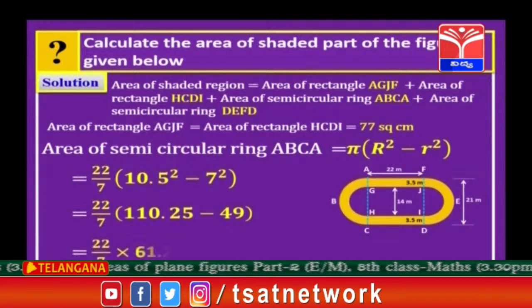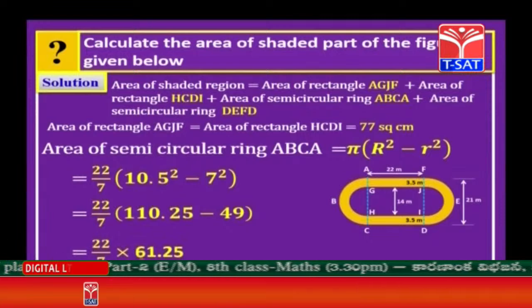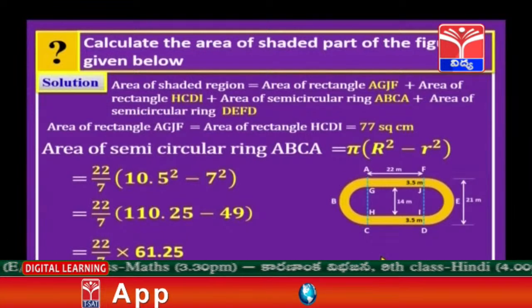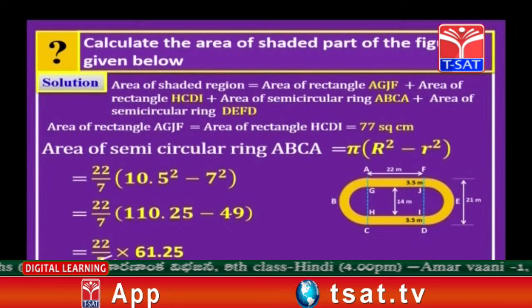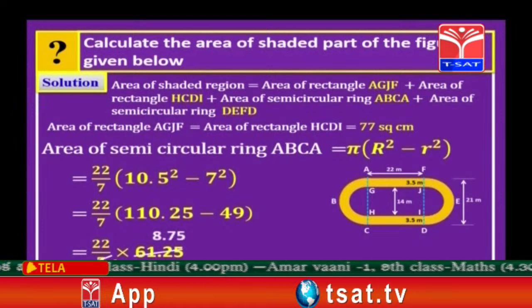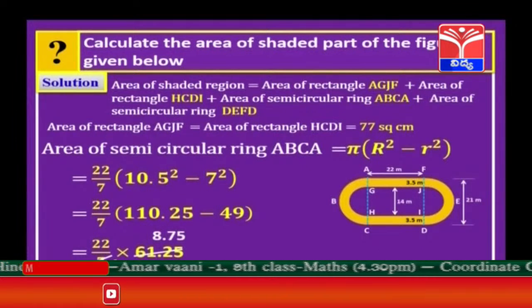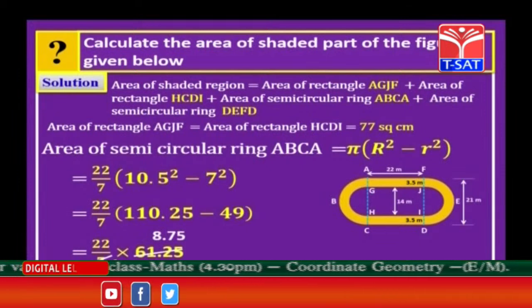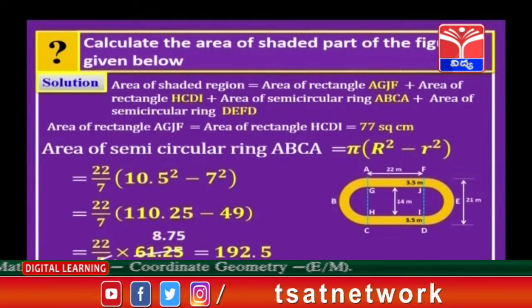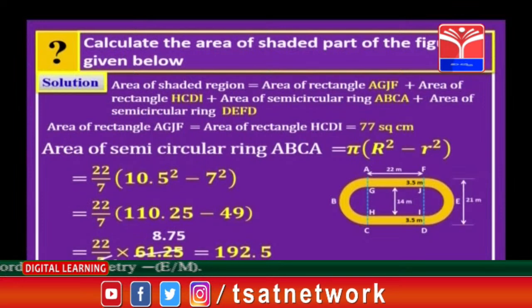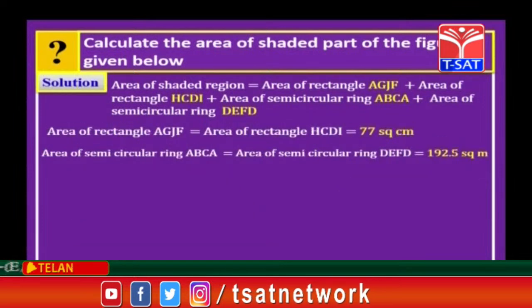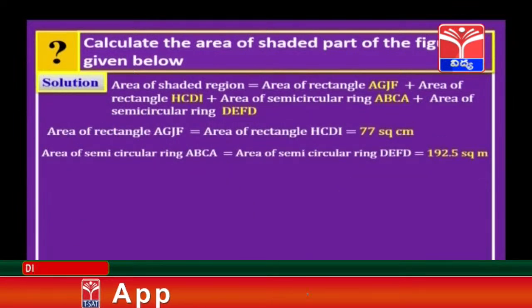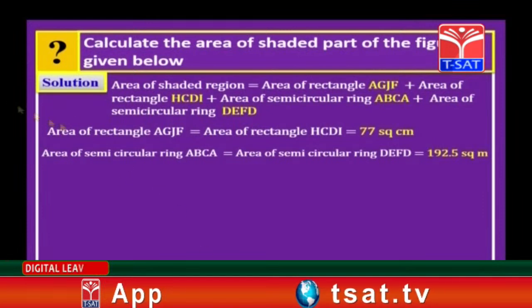Now let us substitute the values of 10.5 square and 7 square as shown on your screen. On subtracting them, you get 22 by 7 into 61.25. Now 7 goes in 7 one time, whereas in 61.25 it goes 8.75 times. Let us multiply these two, 22 into 8.75. We get 192.5. So we got 192.5 as the area of one semicircular ring.